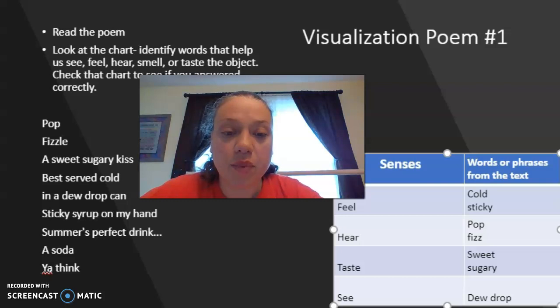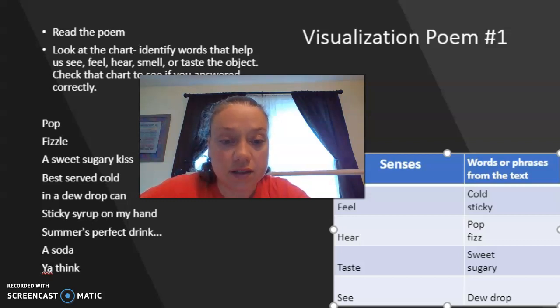Here's the poem again. Pop, fizzle, a sweet, sugary kiss. Best served cold in a dewdrop can. Sticky syrup on my hand. Summer's perfect drink. A soda, you think? So if we look at that poem, let's focus on sensory words and phrases or adjectives that can describe the object in the poem. The object in this poem is a soda.